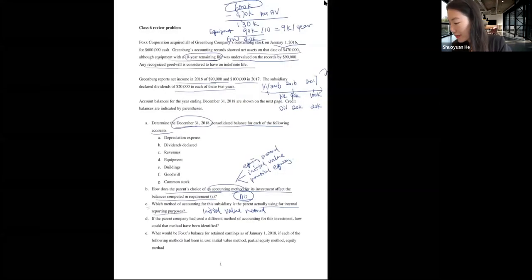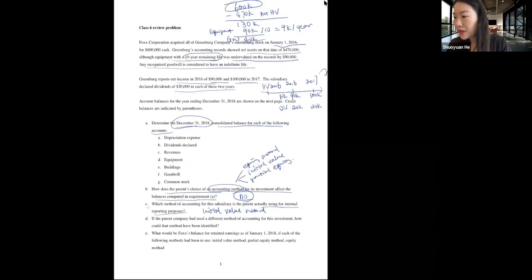And then question D. If the parent company had used a different method of accounting for this investment, how could that method have been identified? So what if the parent is using, for example, the partial equity method?